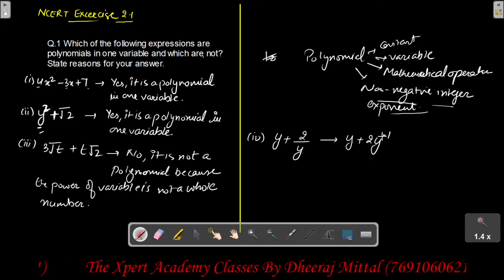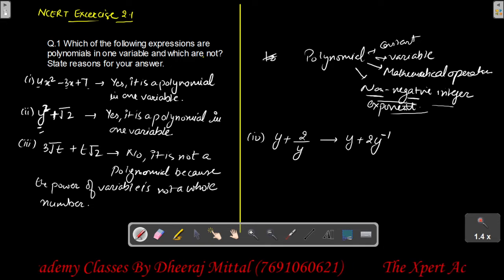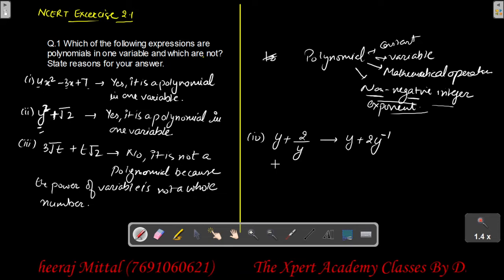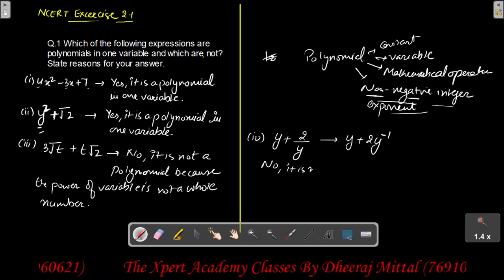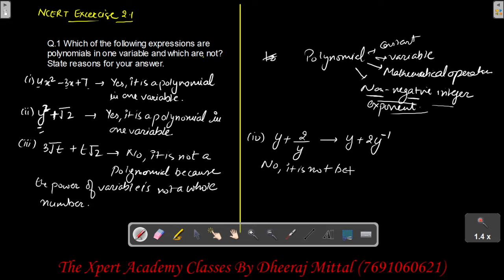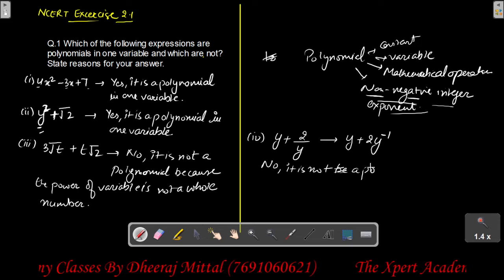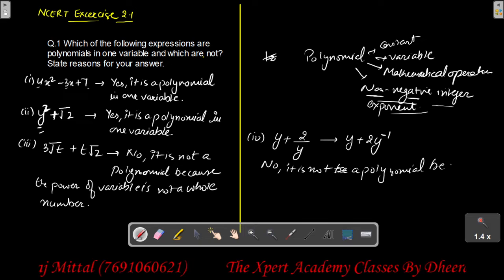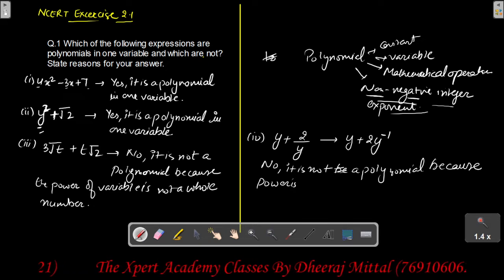Now the power is negative, but the rule is non-negative integer exponent. So this is also not a polynomial. No, it is not a polynomial, because the power is negative.